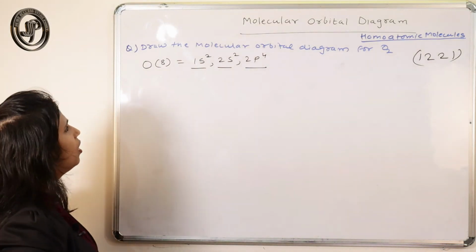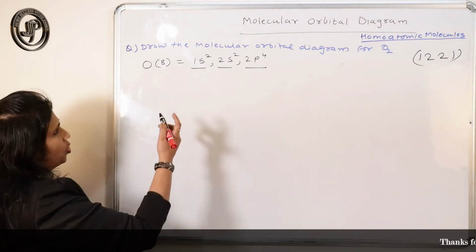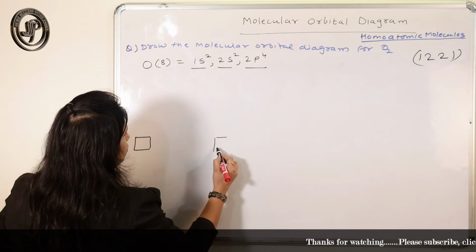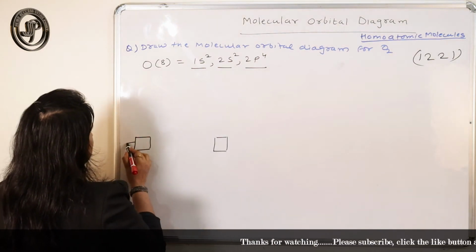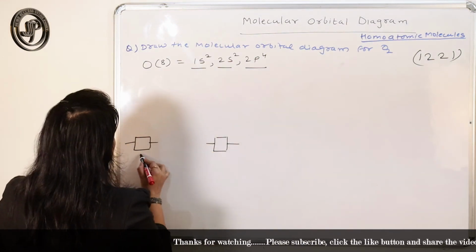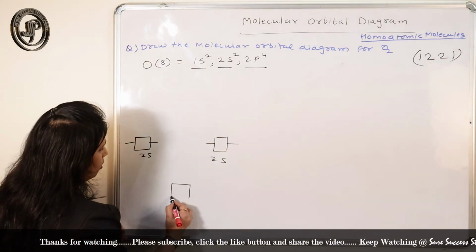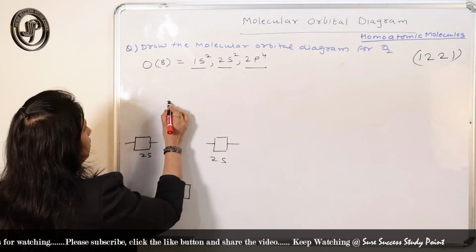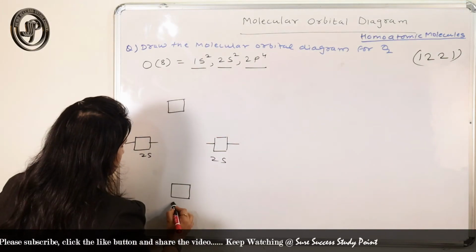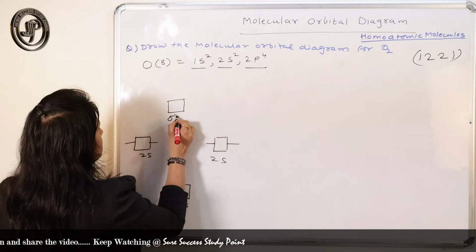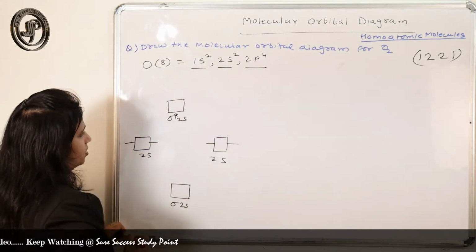For 2s it is very simple. Two atomic orbitals overlap, and the lower one is the bonding, the upper one is anti-bonding. This is sigma 2s, and this will be sigma star 2s.